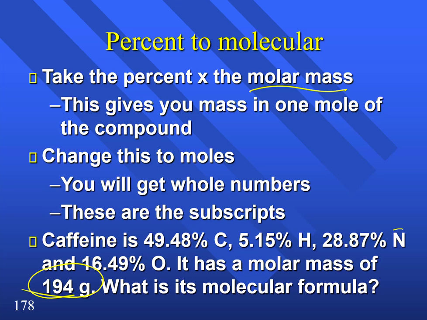28.87% nitrogen, so 194 grams times 0.2887 equals, I just type it in, 56.0 grams of nitrogen, and grams of nitrogen to moles of nitrogen. 1 mole is 14.01, and we can all see that that's 4.